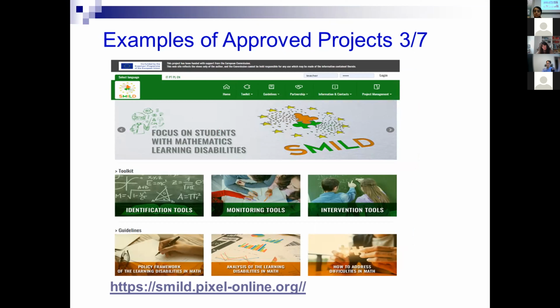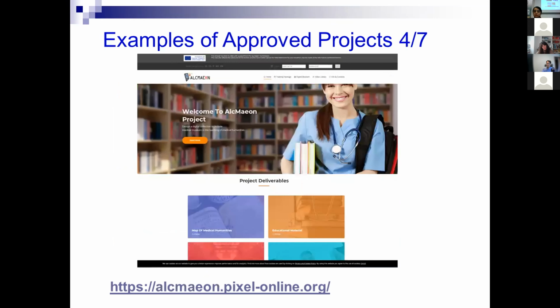This project has the aim to help secondary school teachers deal with students' disabilities in learning mathematics. The applicant organization here is another university, the University of Genoa, the Department of Mathematics, and they're working in this case with school teachers.